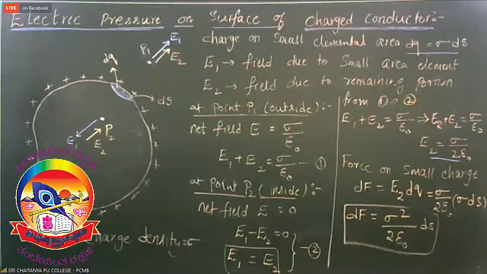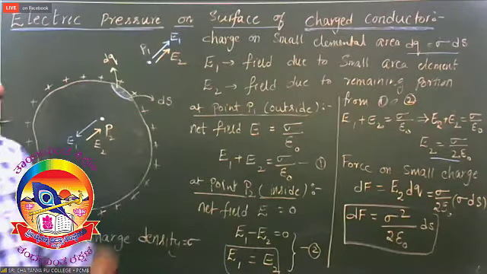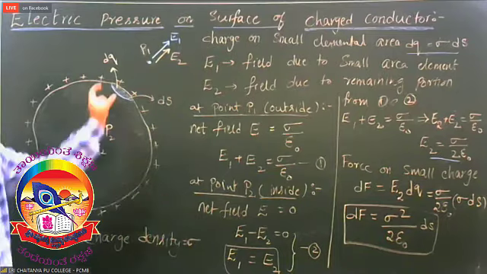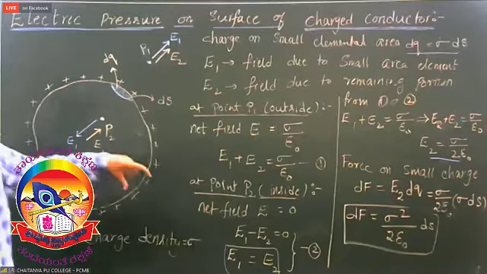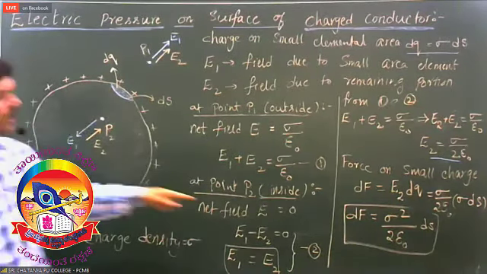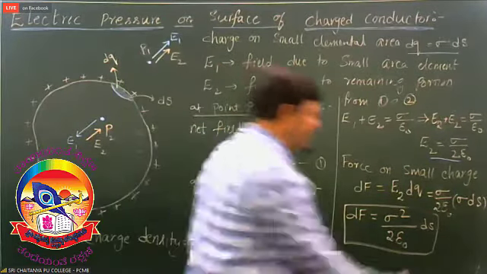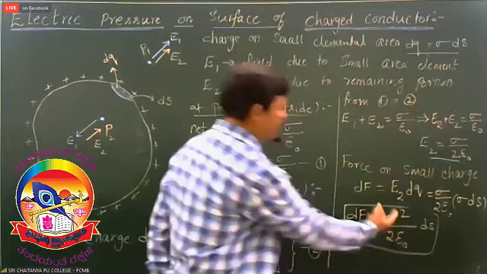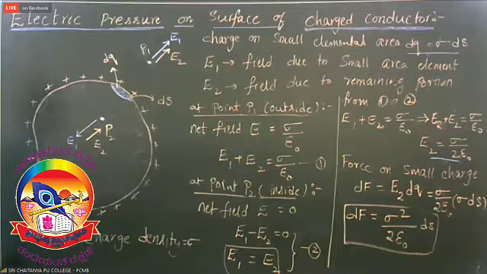So what do we need to find? What is electric pressure? That is the force acting on each and every element. If I consider one element here, same force. Here, same force. At each and every element, the force acting is this much. In what direction? Outward. That force acts outward. Then what is the pressure?